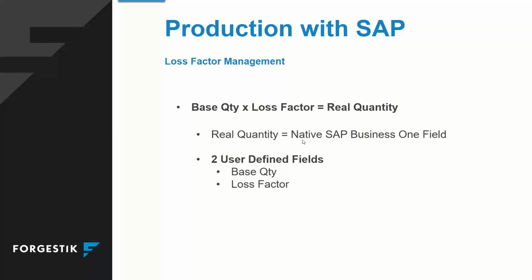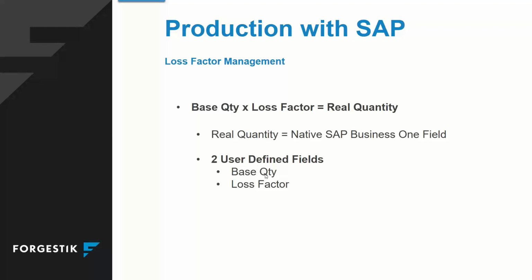My real quantity is still my native SAP Business One field, the one that any MRP, or the commitment fields, or the ordered fields in SAP Business One will use, still this quantity, but the value will be changed depending on my loss factor.